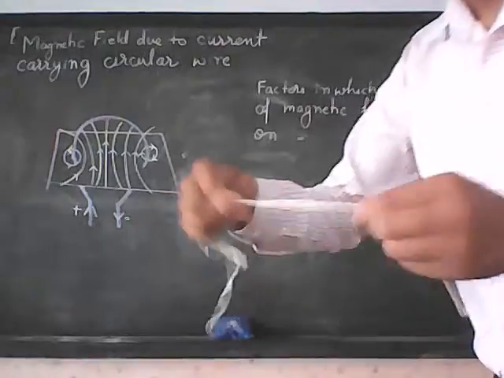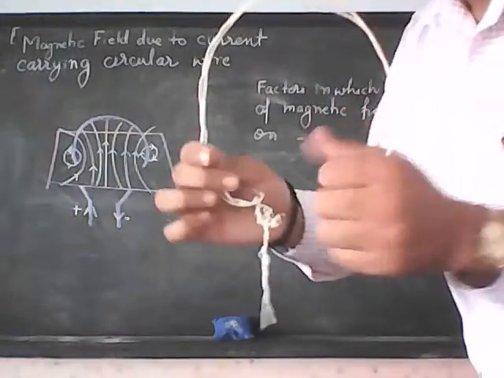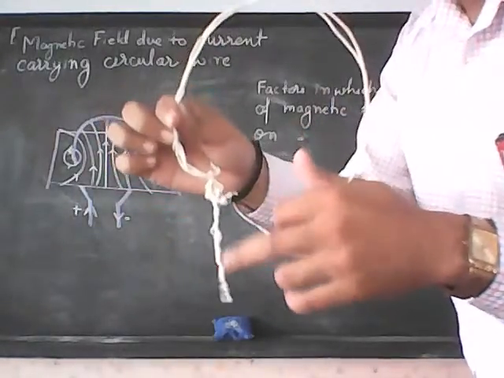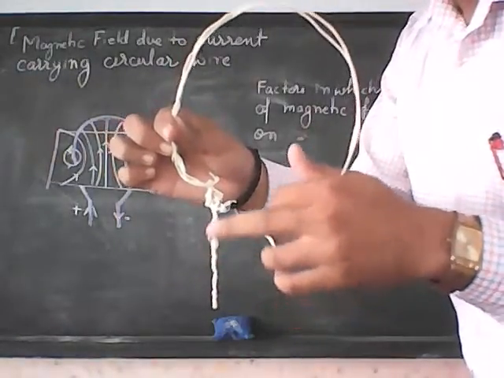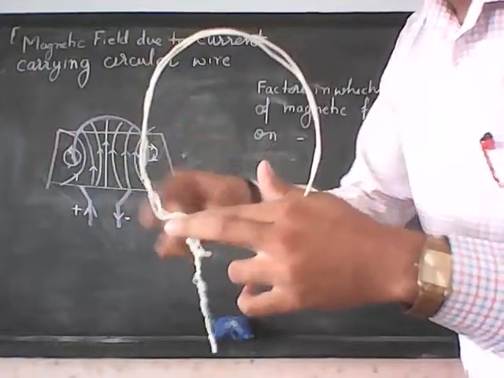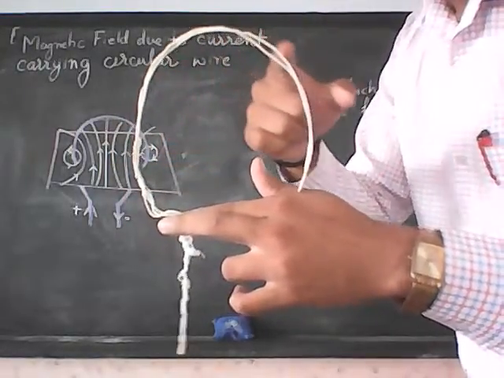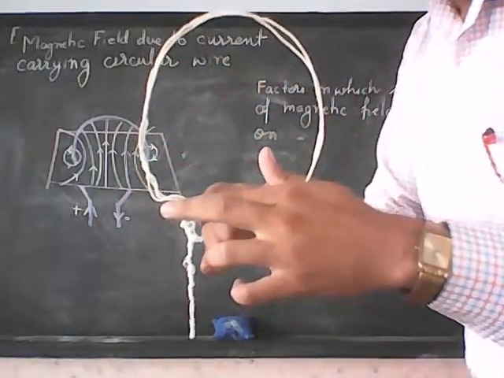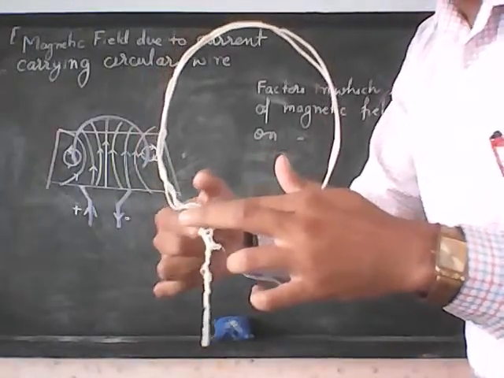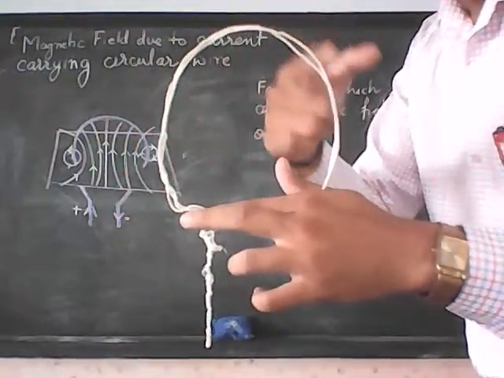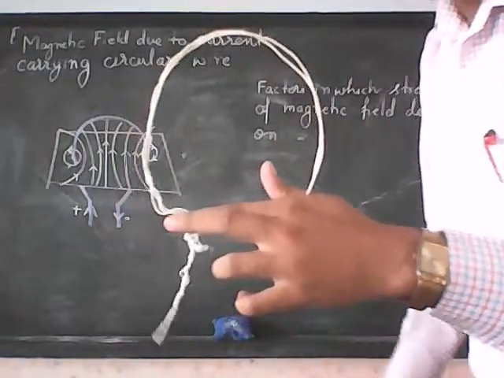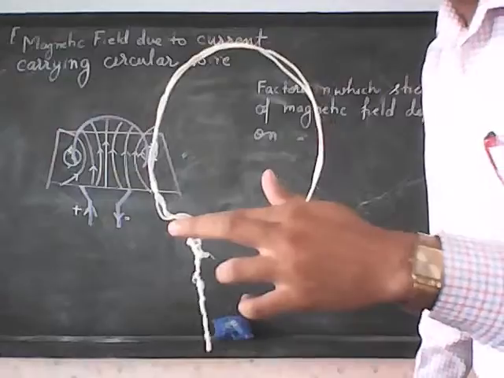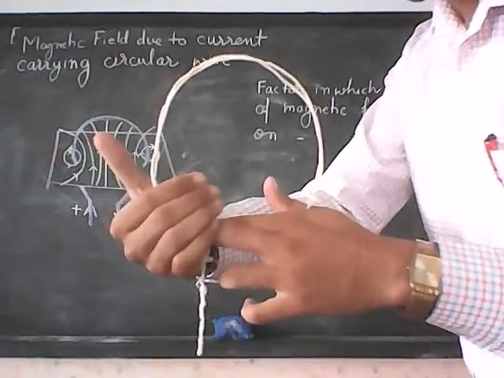So in this case, what can we see? Suppose this thread is showing the direction of current. It is coming to this side and moving, which means the direction of flow of current is from right hand side to left hand side. So what does the right hand thumb rule tell here?